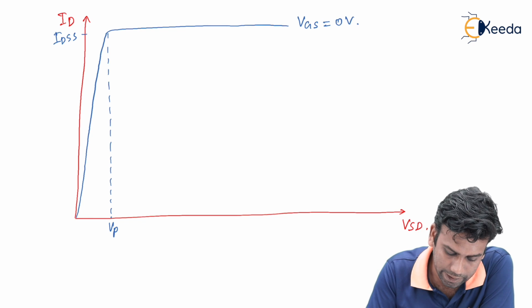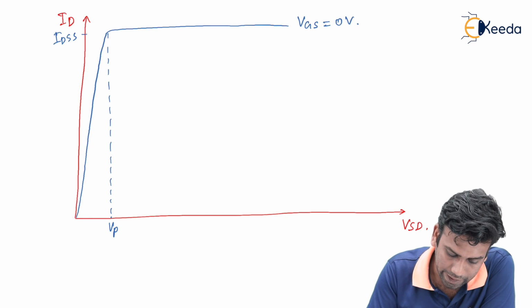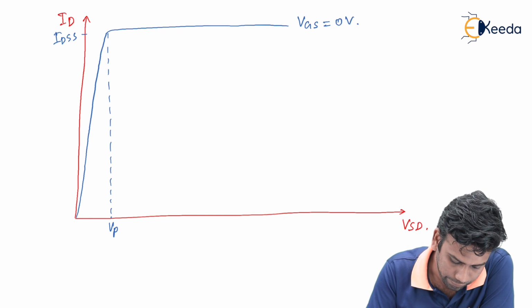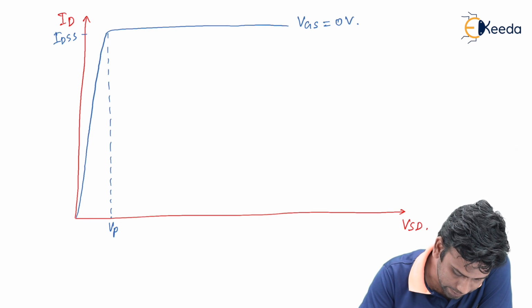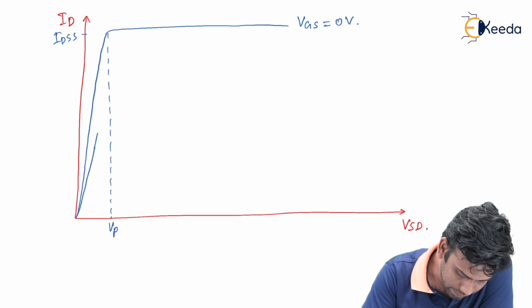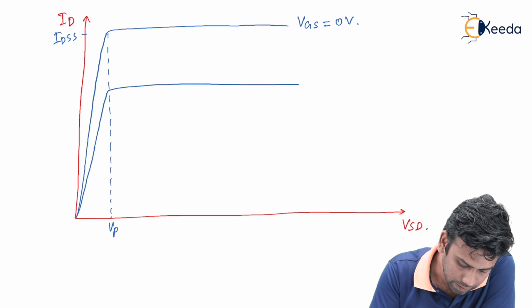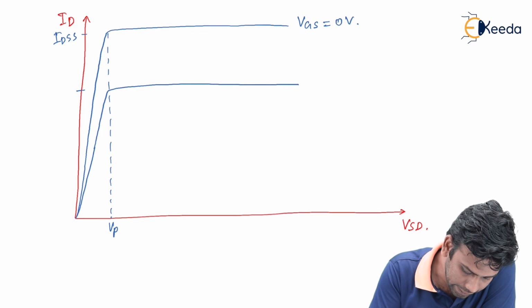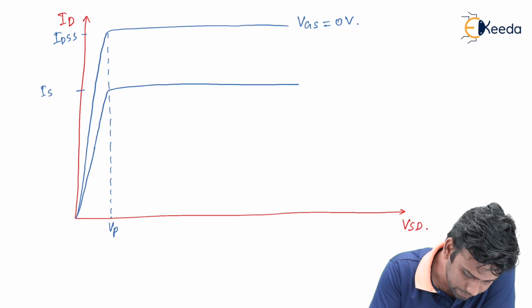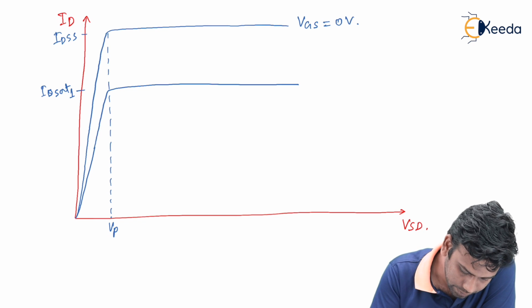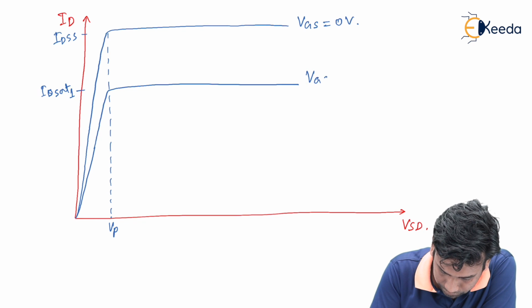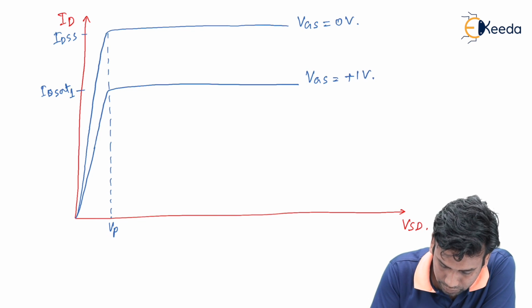Now we have applied a gate to source voltage of plus 1 volt, and for that case the channel resistance will be different, and the ID will get saturated at a lower value than IDSS. So let us name it as ID sat 1, and it will happen at VGS equals to plus 1 volt.